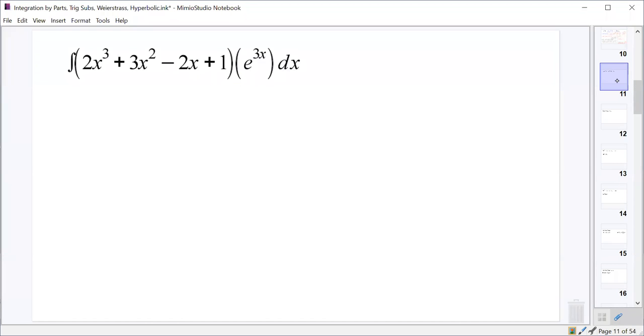2x cubed plus 3x squared minus 2x plus 1 times e to the 3x. If I repeatedly take derivatives of one of these, will I eventually get to 0? Yes. The one on the left, right? What's the first derivative?